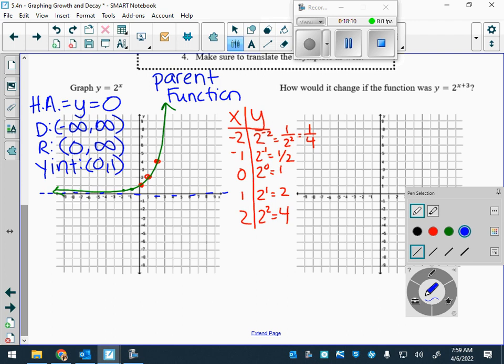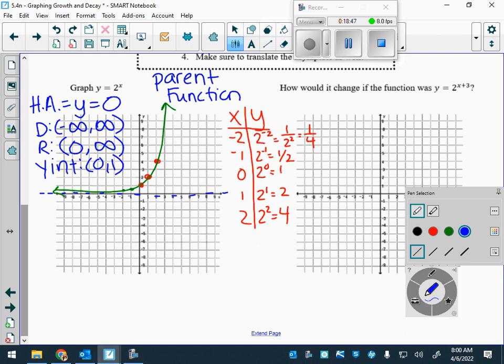So this is an idea of a parent function, especially if you have something like this. Y equals 2 to the x plus 3. What do we think? What's happening to our new graph? Think of your transformations. I think the y values might all increase by 3, or like the whole graph.